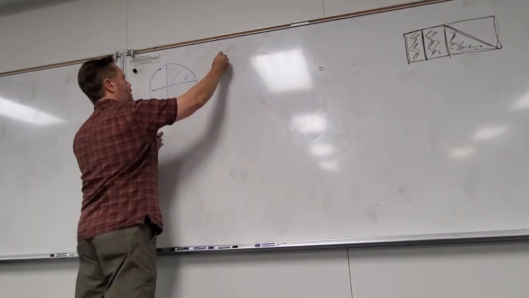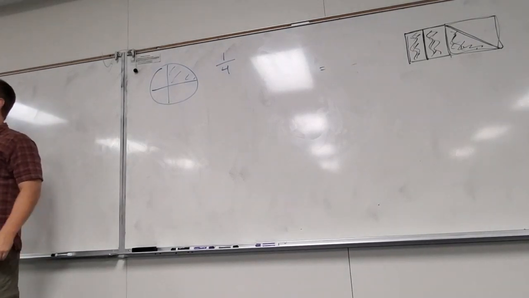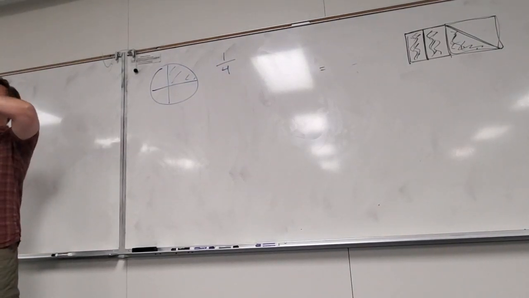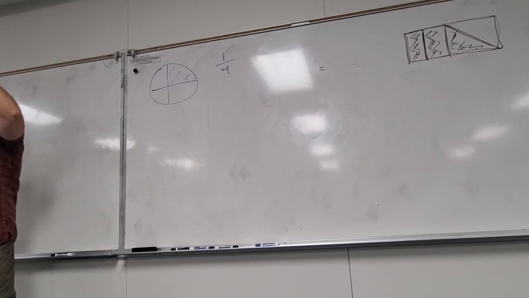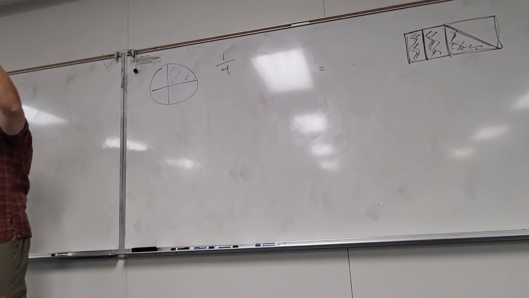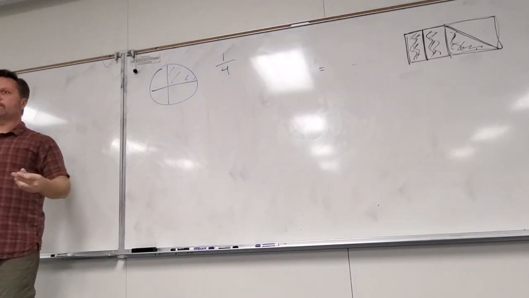It's 1 part out of 4 total. So it's part divided by whole. So then you can expand and say, anytime you have a part of something and the whole thing, you can make that ratio, and that's a fractional part of that thing. So it doesn't have to be just visual.